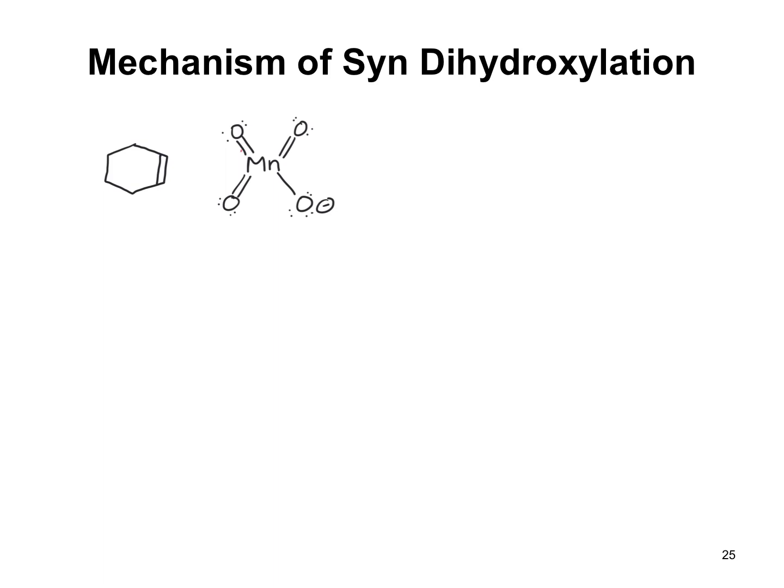So the electrons from the manganese complex come over here and they're going to attack that carbon. The electrons from this double bond are going to come here and attack an oxygen, and those electrons are going to go on the manganese. And this occurs through a Syn addition.